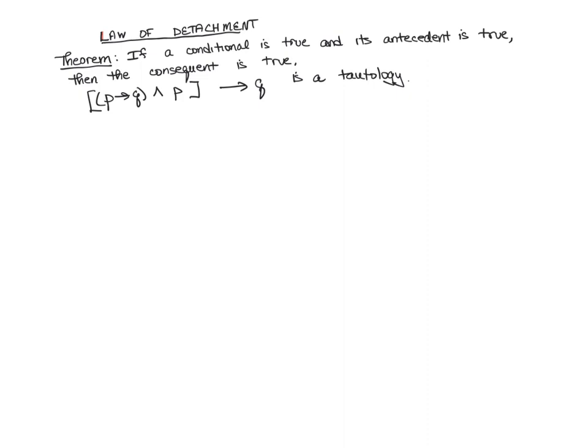And the conditionals that are tautologies can be made into theorems or laws. So this is a special law that we will be using in our logic proofs called the law of detachment. But a law can usually be written as a conditional. And the antecedent of this conditional is called the given. And the consequent of the conditional is called the conclusion.